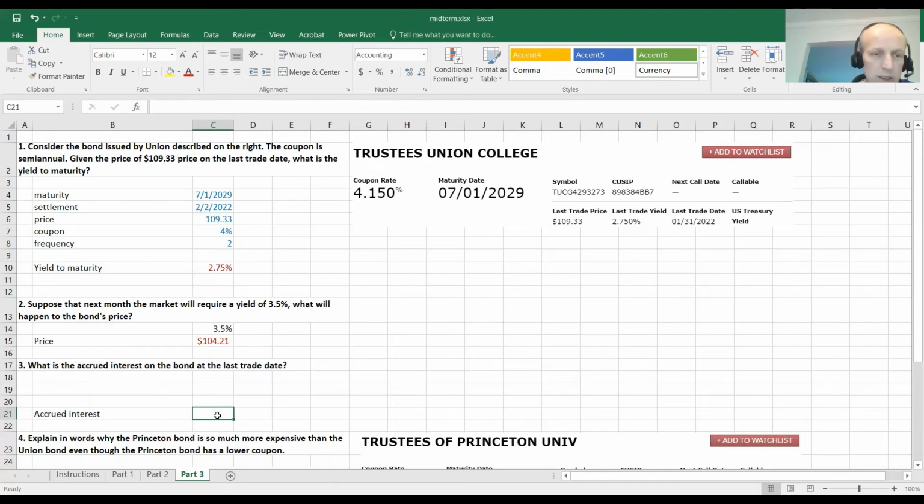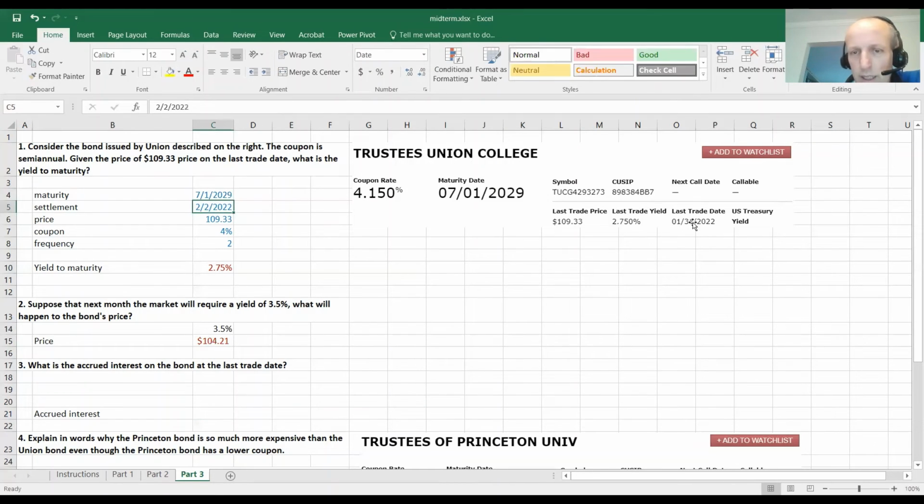Okay, accrued interest. So here, we know that we traded the bond in January, but it matures on the 1st of July. So we have to ask ourselves, that's when the last coupon was, and how many days between each coupon, and how long since the last coupon.